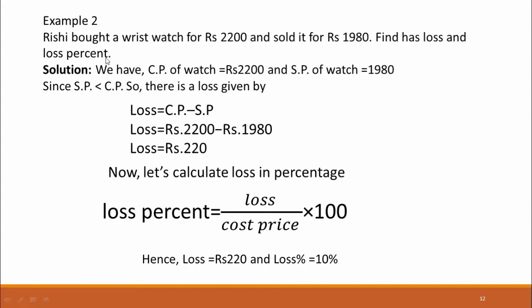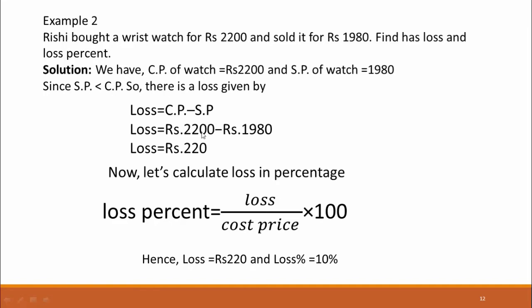First of all, check the cost price and the selling price. If the selling price is less than the cost price, then definitely we lost. But if the cost price is less than the selling price, then we definitely gain. So in this example, the selling price is less than the cost price, so there is a loss, and loss is given by the formula cost price minus selling price.